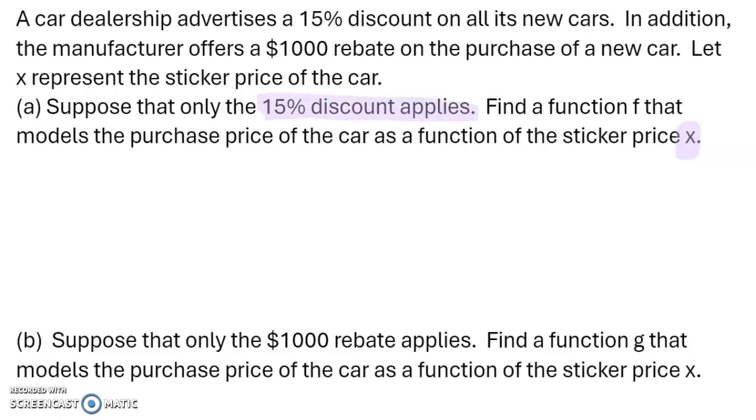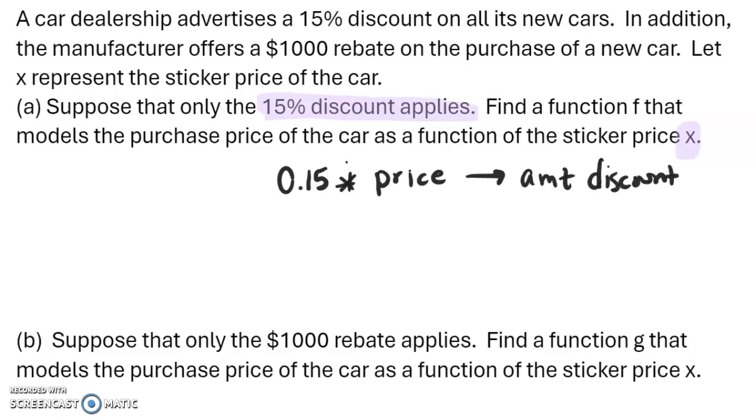So when you're talking about a percentage off, if you take 0.15, 15% written in decimal form, means that you drop the percent sign and you move the decimal 2 places to the left. So I write 0.15. If you take 15% and times it by the sticker price of the car, that's going to give you the amount that you take off. It's the amount of the discount.